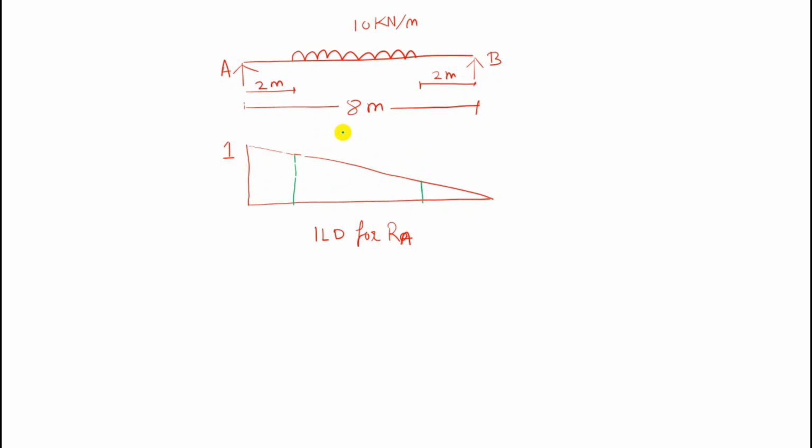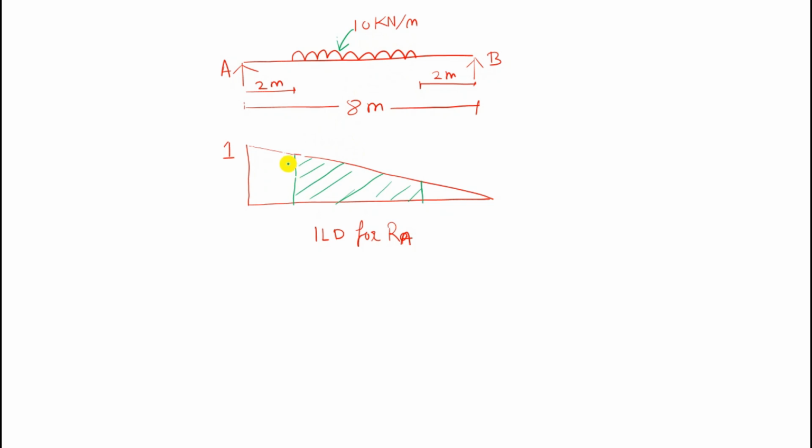Now we have to calculate this area and we have to multiply with this 10 kilonewton, the value of the UDL, that is intensity of the UDL.